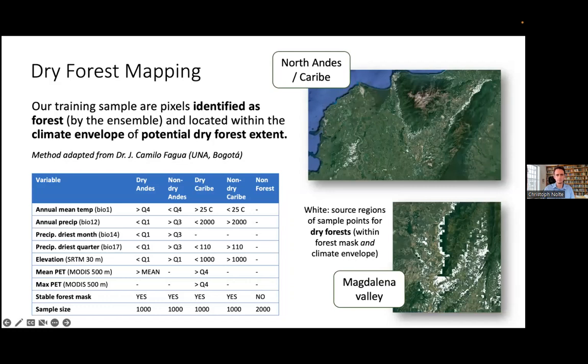And to do that, we identified a set of variables to define a climate envelope of where there could potentially be dry forests. And we use that information in order to develop a training data set and classify where these dry forests are. And as you can see here on the right, this is just an example of this climate envelope that's just based off of where potentially these forests could be.